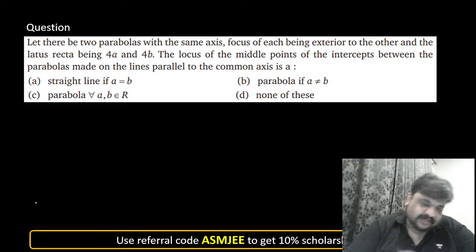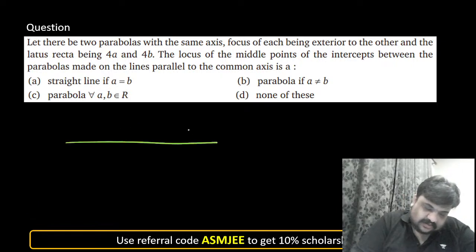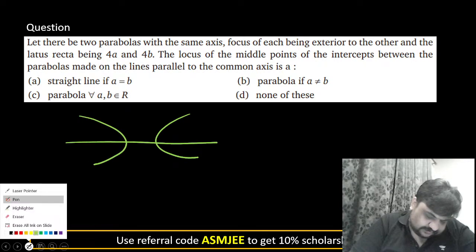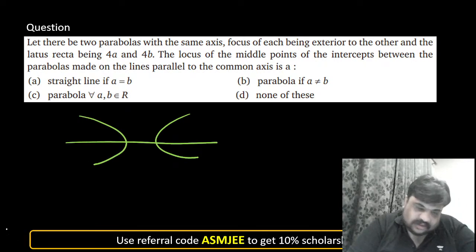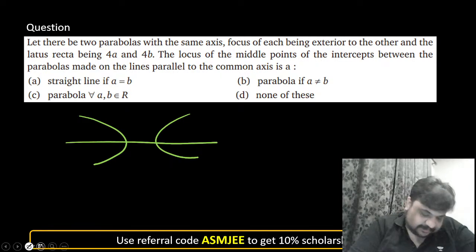Let us set them as 4a and 4b. So this is how they will be. Locus of the midpoints of this. We need a shape. Looks easy.